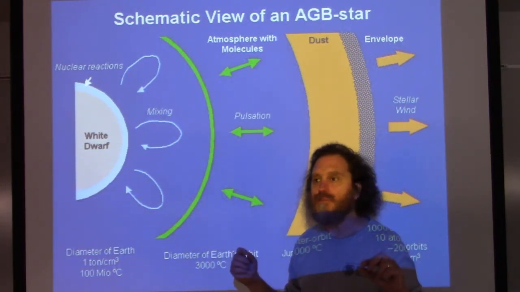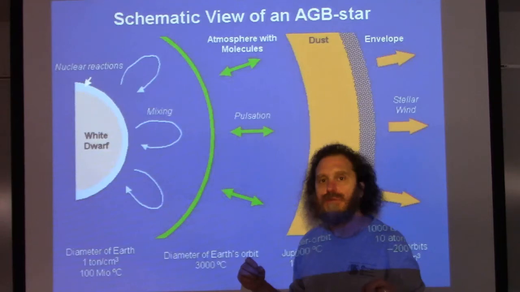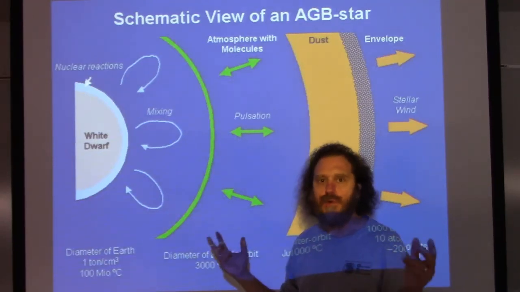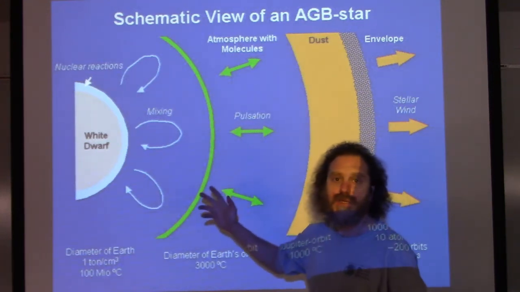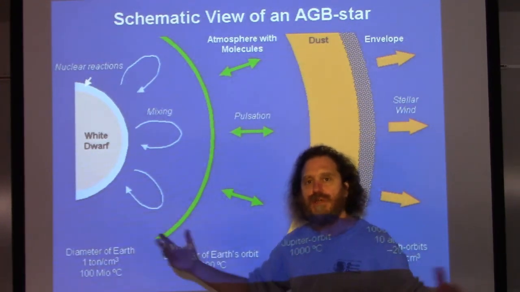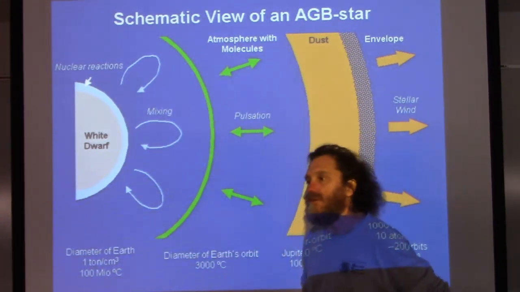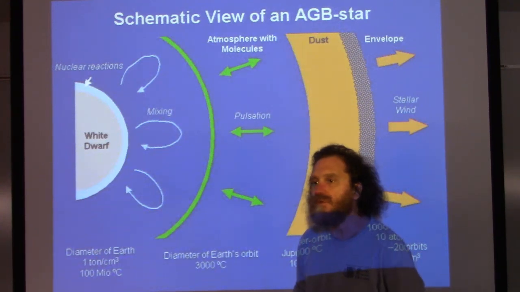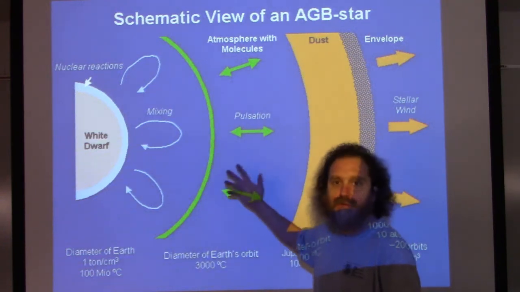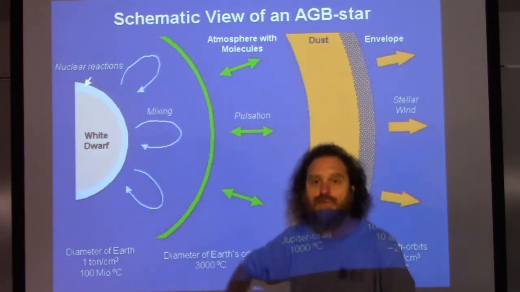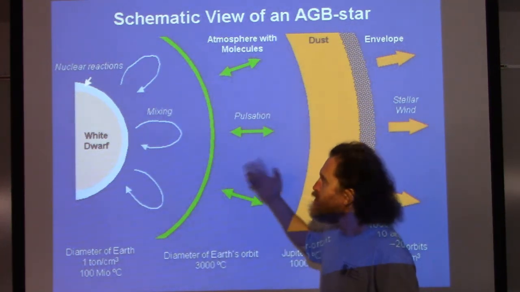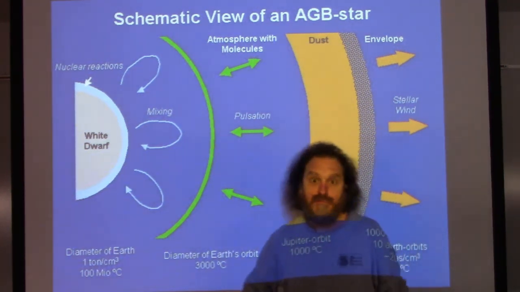In fact, the elements of the bottom half of the periodic table, the really big elements like gold and silver and iodine and so forth, are partly produced in this process, and the pulsation chucks it out into space. So convection is responsible for the production of some of the elements that we have on the Earth. This, of course, took place in a generation of stars that came before the formation of the solar system. So here's convection producing elements.